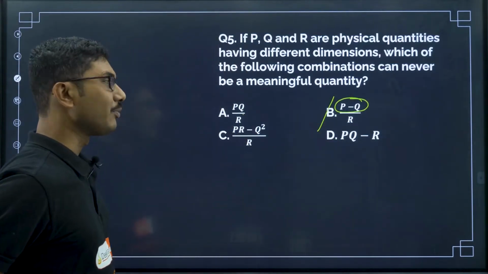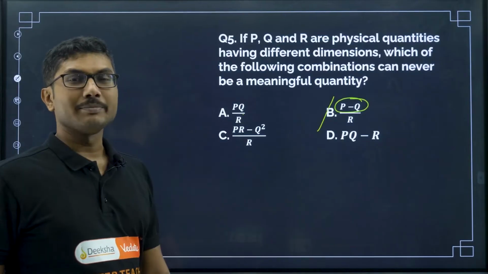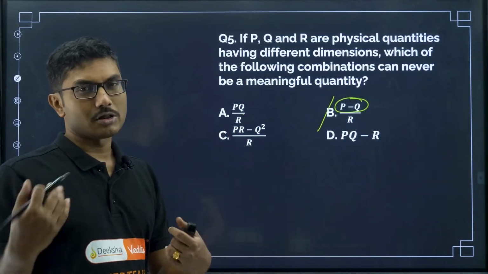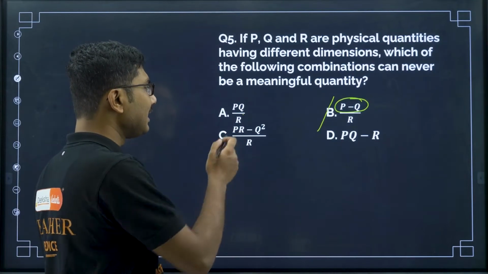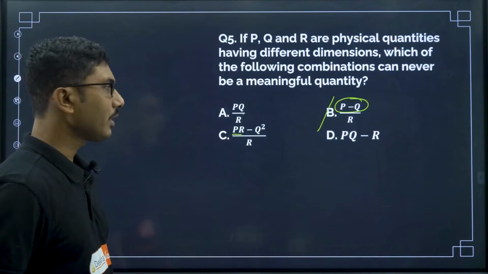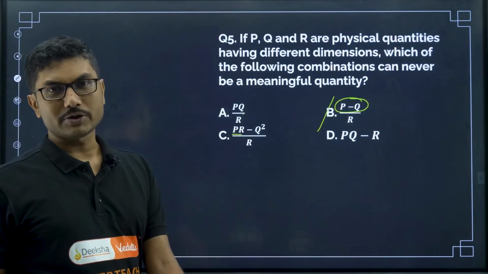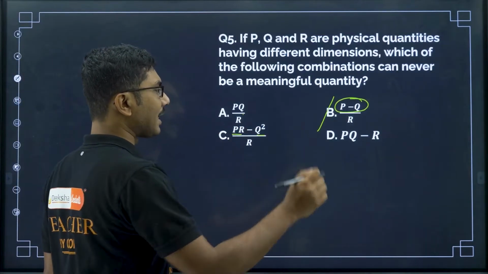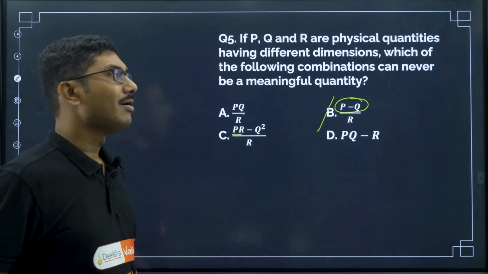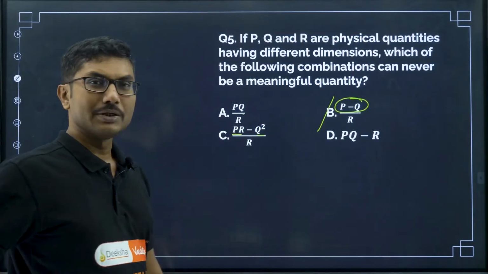Whereas if you consider this one, the first step you are doing is multiplying P times Q, which is possible. Then you are dividing by R, that is also possible, right? Similarly here, the first step you are doing is multiplying, so that is possible, and from there you can subtract Q square, because the multiplied terms can have the same dimension as Q square.